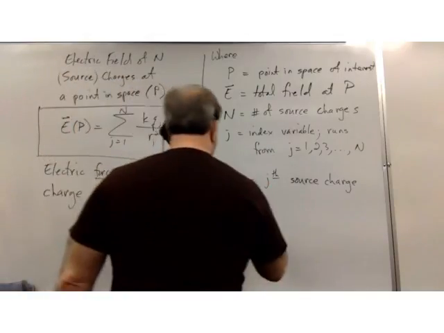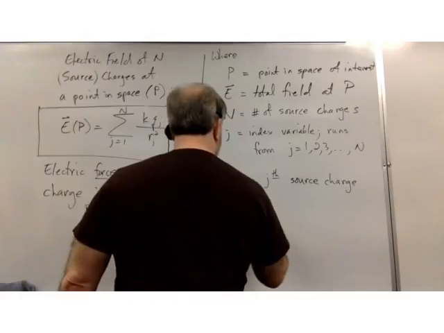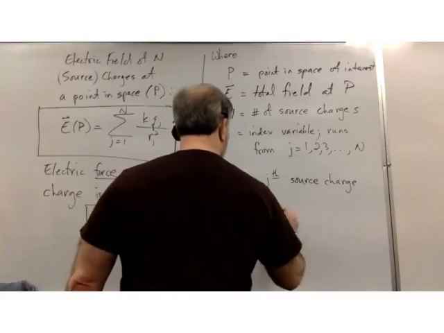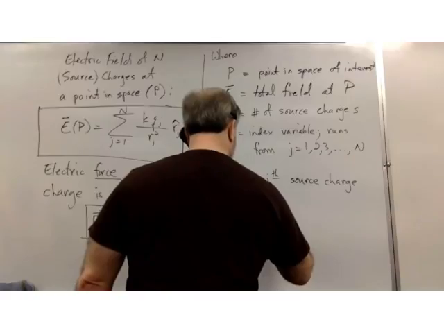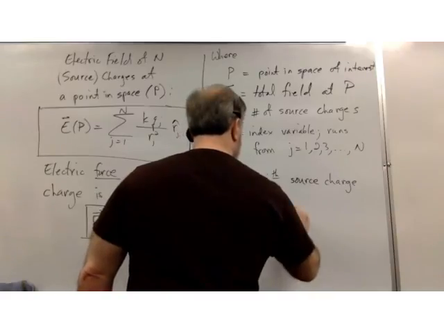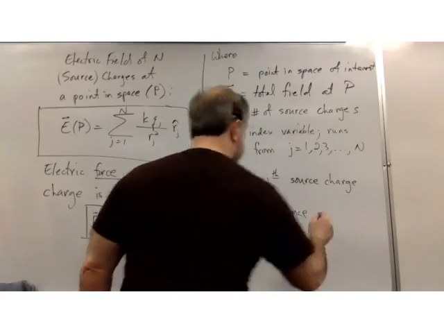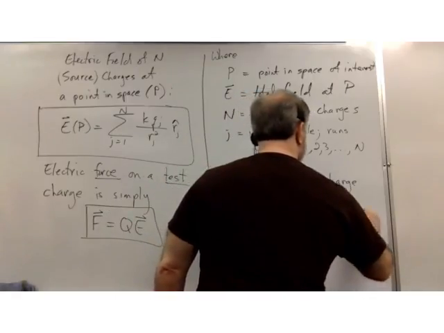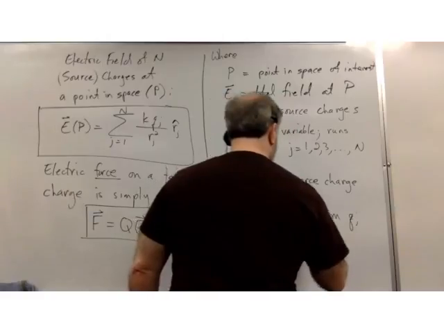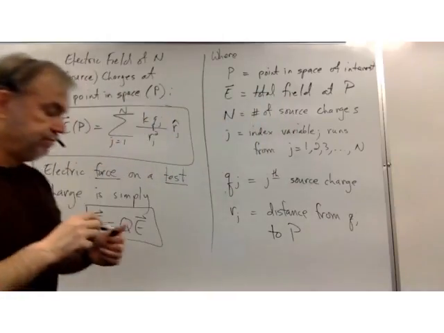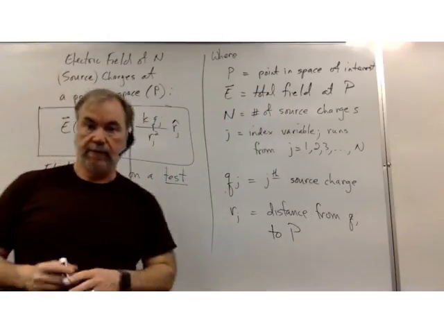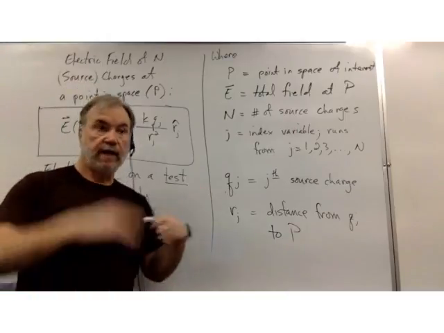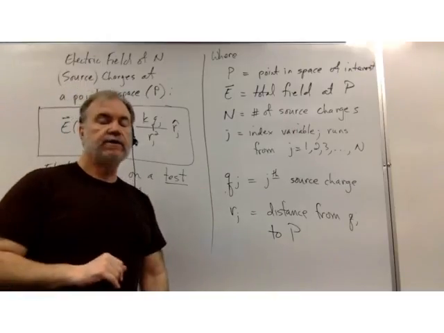And then R sub j, and this is a tricky one maybe. R sub j is the distance from Q sub j to P. You saw in the previous recording I had 7 source charges.